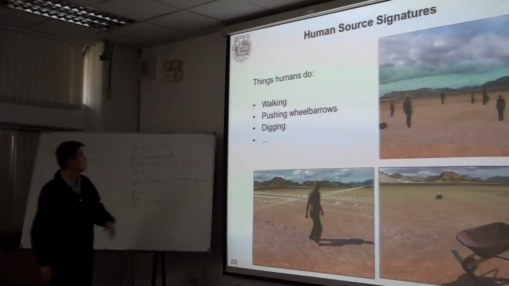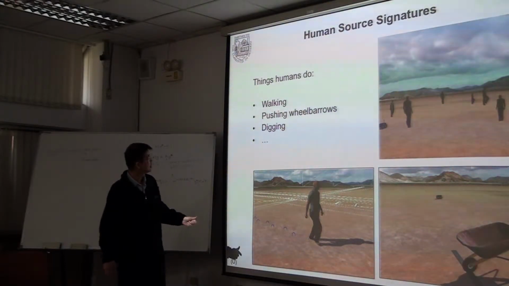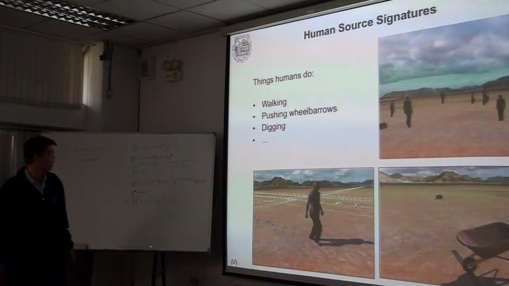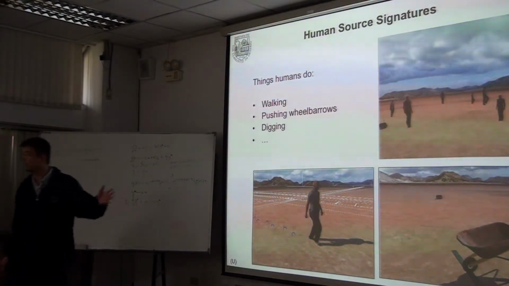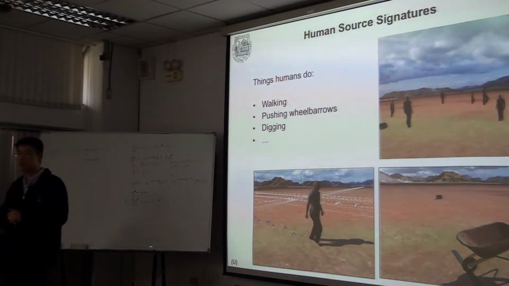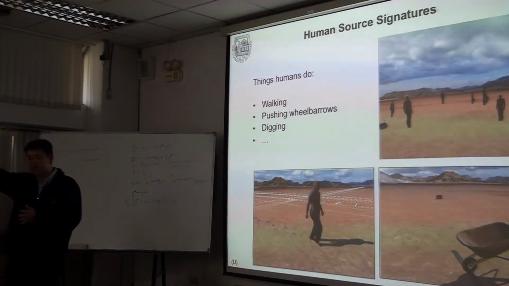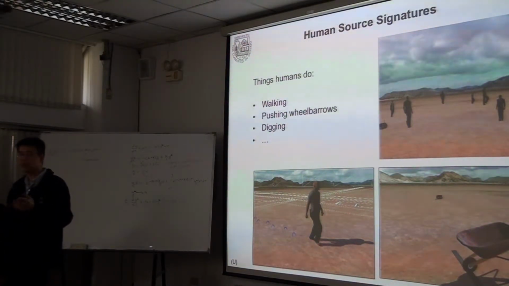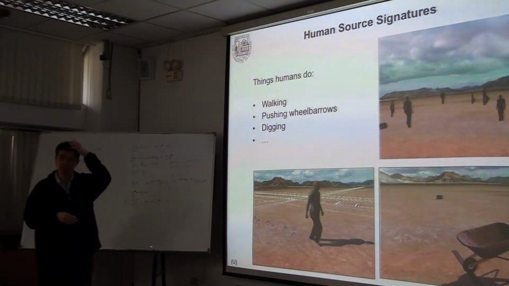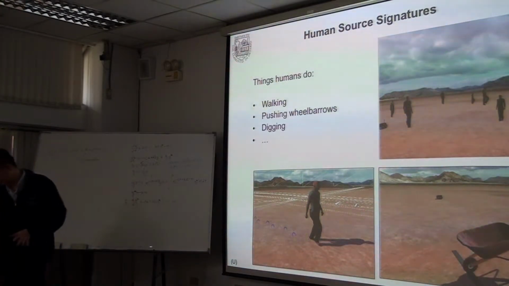So this is an example of using those reciprocal models for moving source simulation. So these things that humans do, they walk, they push wheelbarrows, they dig, they run, okay? So I want to have a sensor over here, and I want to figure out what somebody is doing over there. And so we model the signatures due to these moving sources.